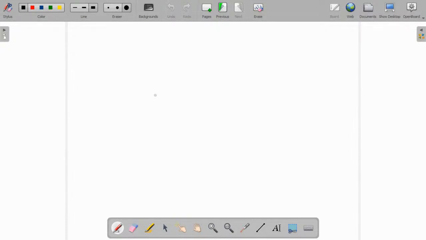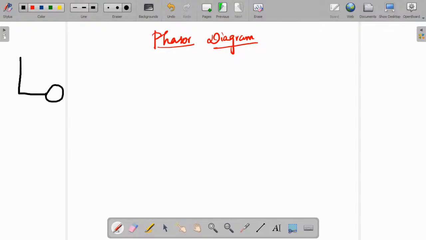So next we are going to see about the phasor diagrams. Okay, so first, what about a resistive circuit? For example, we have a voltage source and a resistor.